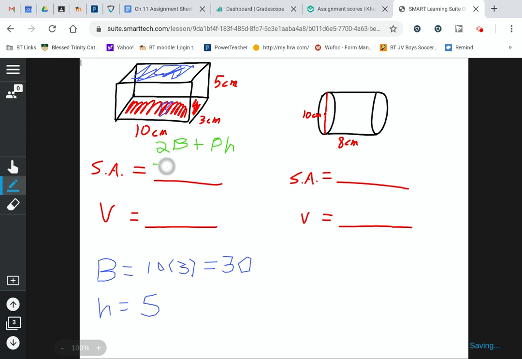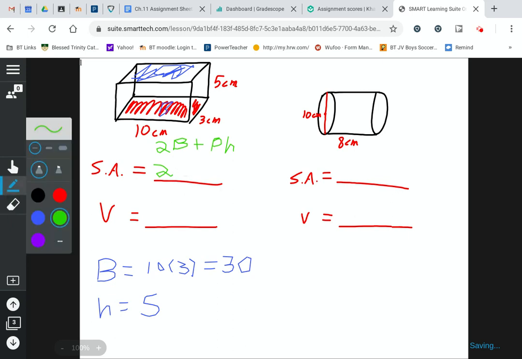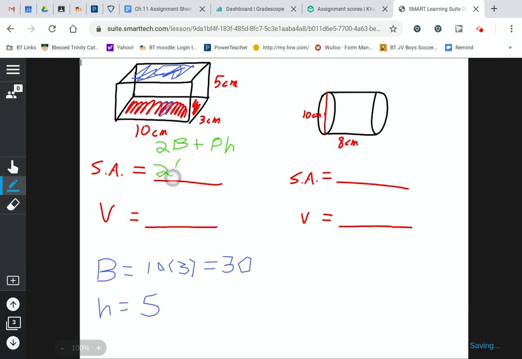So it's going to be 2 times 30 plus my perimeter. Well, my perimeter is going to be 10.